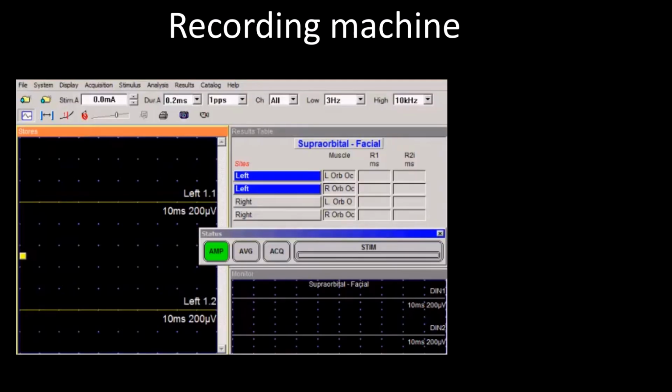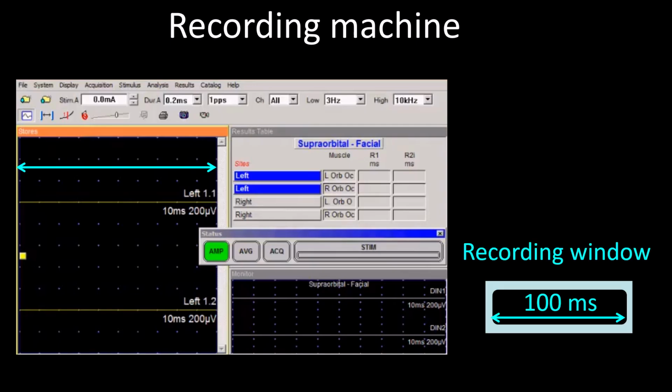Now we will talk about technical issues. The electronic system used to record blink reflex studies is different from those used for regular nerve conduction studies because it uses special amplifiers with a short blocking time and low internal noise. Yet most blink reflex tests are performed in a multi-purpose machine by selecting the blink reflex option in the machine.